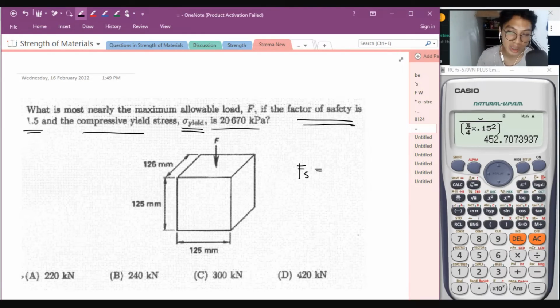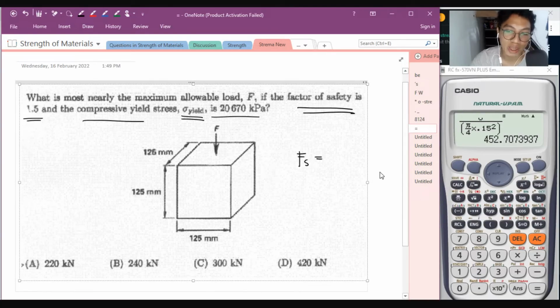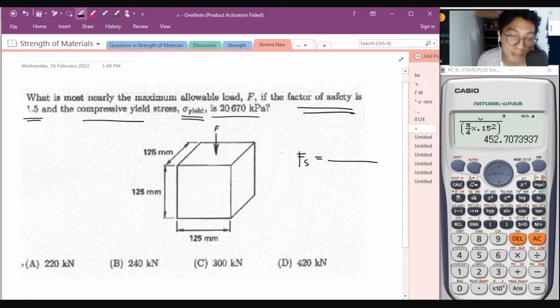Yung yield, makikita niyo doon sa strength niyo, yan yung point na kung saan malapit na siya sa kanyang limit. Okay? Elastic limit. Now, ibig sabihin, ilang beses allowable mo siya yung loading. Ilang beses mo siyang pwedeng pahirapan hanggat hindi niya nalalampasan yung kanyang limit. So, factor of safety, yun na yung pagpapaliwanag dun sa Tagalog.